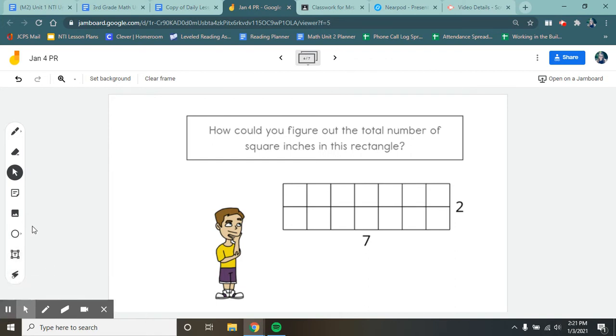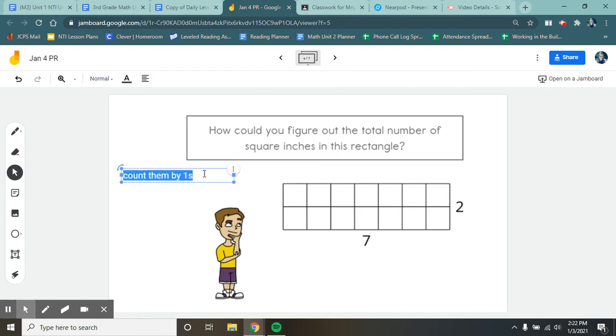All right, so there is lots of right ways to figure out the total number of square inches to this rectangle. So we're going to kind of just make a list together because there's many right ways, and I don't want to not include one that somebody was thinking. So the first way that we could do this is we could count them by ones. So we could go through and we could count each individual square one time and just do that until we ran out of squares.